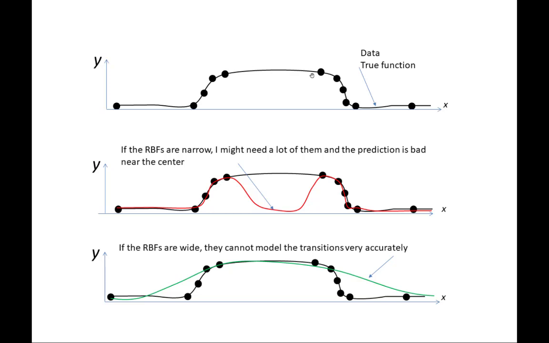So an RBF, you might need a lot of them to be able to get this transition right. But then, because you don't know a priori where to put them, you probably have to put them also in this area.